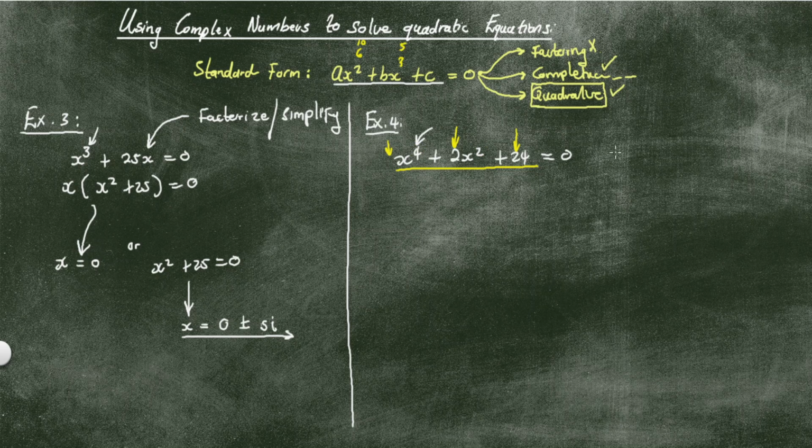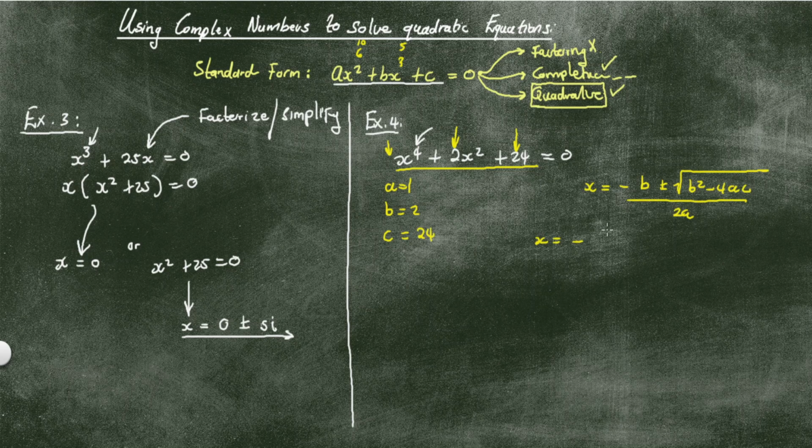We're going to do this. So A is equal to 1, B is equal to 2, C is equal to 24. x is equal to minus B plus or minus the square root of B squared minus 4AC, divided by 2A.